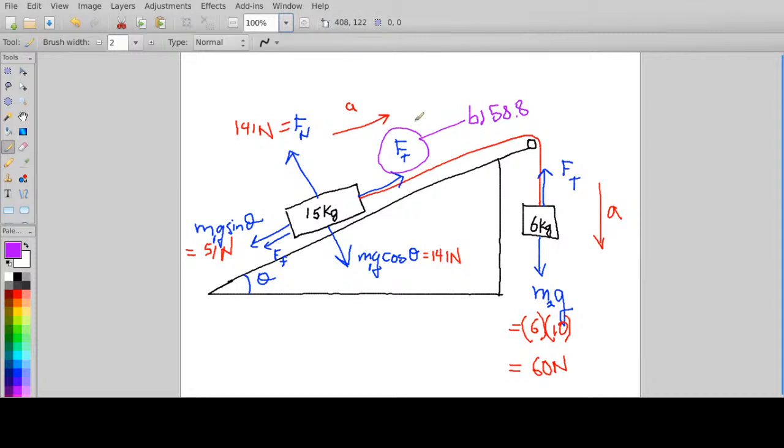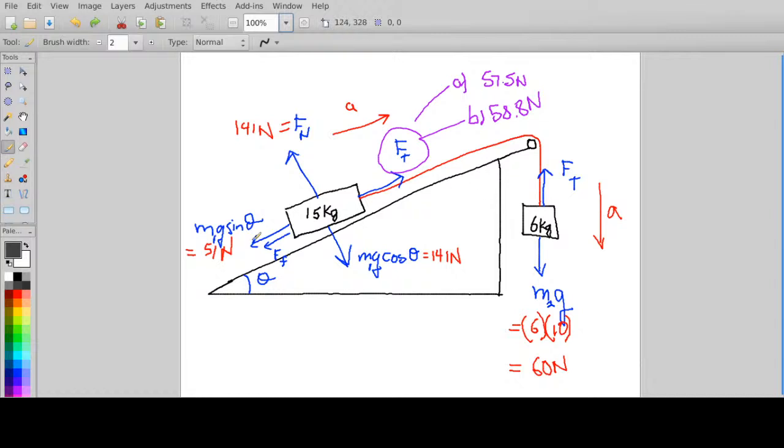For part A, we found it to be 57.5. Does that make sense? Yeah, it kind of does, because you see this Ft is now actually pulling a lot more because there's an extra drag due to friction. So Ft is actually bigger in part B than it is in part A.